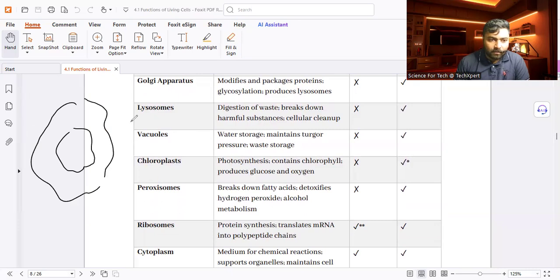When the vacuole or cell sap is fully filled, it can exert pressure on the vacuole wall, and it can expand. Then what happens when this inner organelle expands? It makes a pressure on the cell wall. Understood?